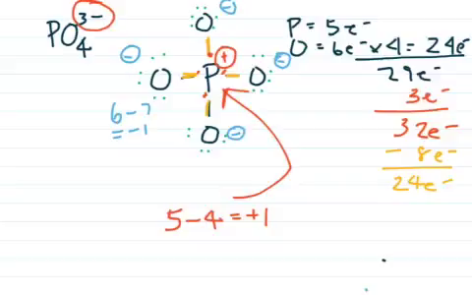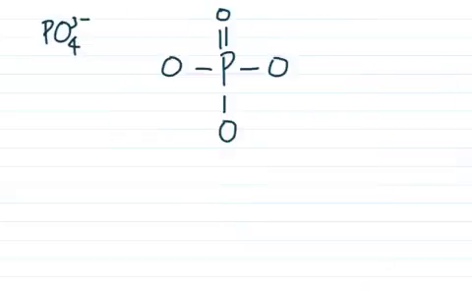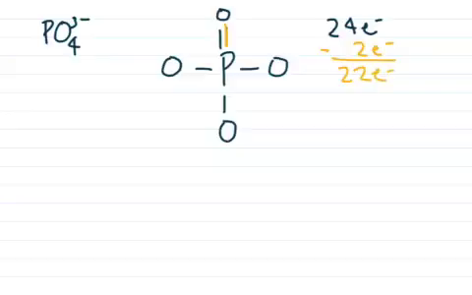So let's try building this up again. And this time let's add a double bond so we make phosphorus a 0 formal charge. Now we had 24 electrons left over, but now because we added this double bond, we're going to take out 1 more lone pair to give us 22 electrons.